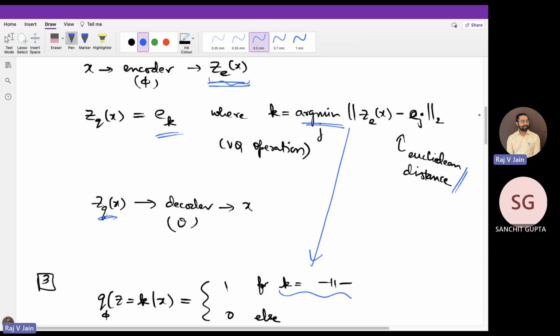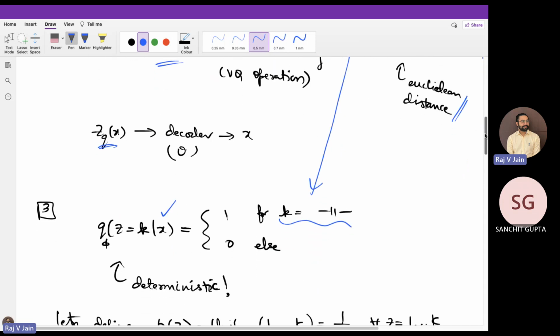So is there any randomness in q_phi anymore? If I give an x, is q_phi, the distribution over z, random or not? There's no randomness at all. It's a deterministic mapping in some sense.